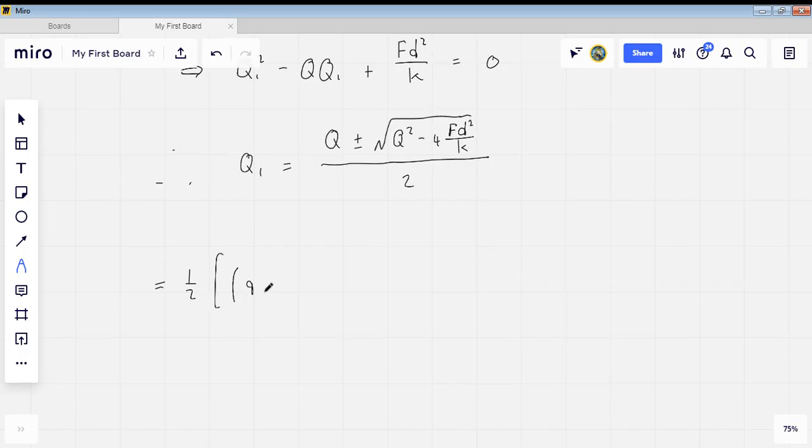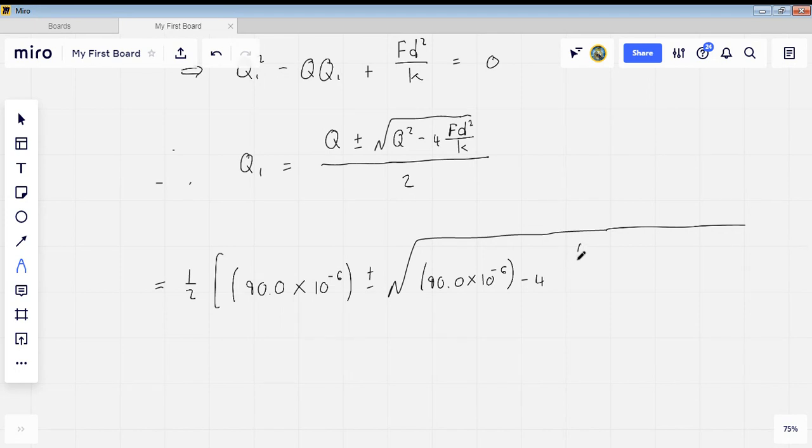And this is 90 times 10 to the minus 6, and that's coulombs, plus or minus the square root of 90 times 10 to the minus 6 squared minus 4 multiplied by the force, 12 newtons, times the separation distance between the spheres, 0.28 meters, and that's squared, divided by K, which is 8.988 times 10 to the 9 newton meter squared per coulomb squared.